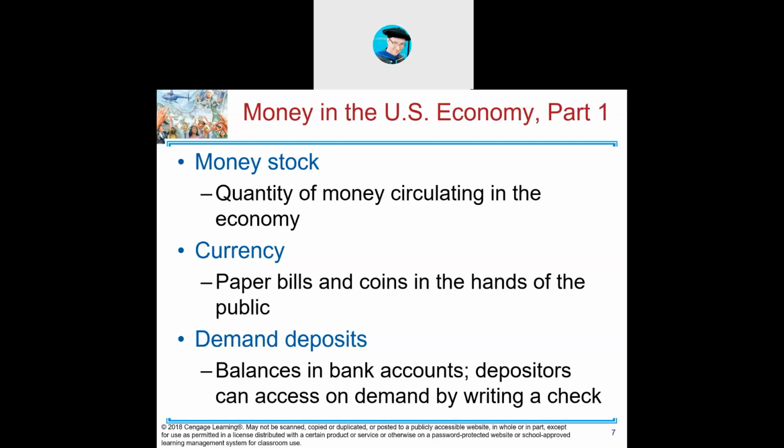So you put it in the bank, it generates this thing called an account balance. And you can access that currency at any time, whenever you need it, by writing a check. We call those demand deposits.